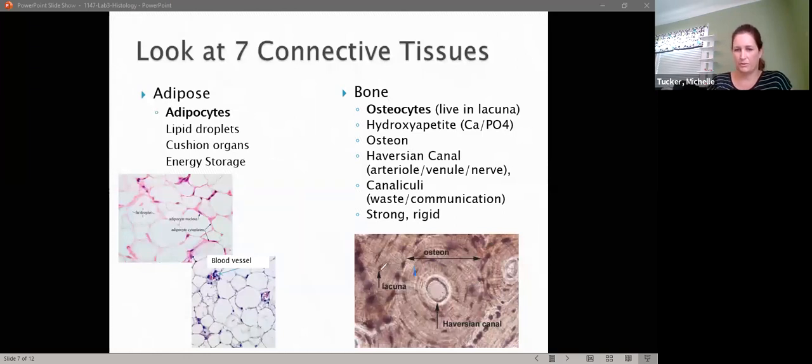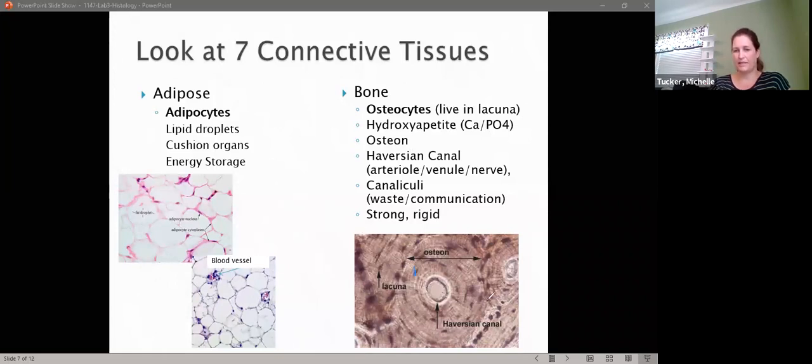So we would have osteocytes living in each of these little lacunae. So the cell type for bone are osteocytes. You don't need to know about the rest of the structures. You'll learn about that in lecture with the skeletal system.